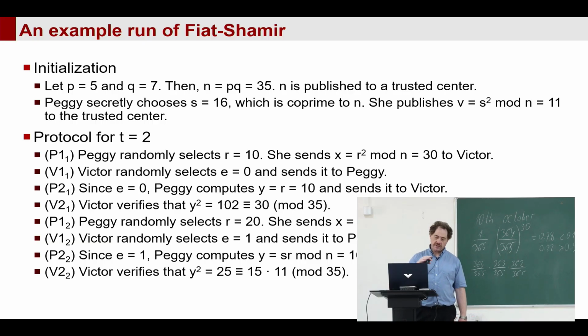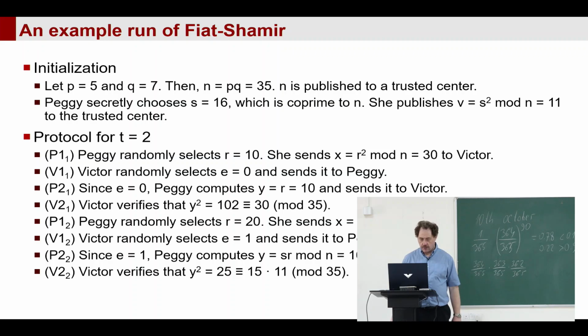Okay, let's take a look at how the protocol could run, say for 2 iterations. First iteration, Peggy randomly selects a value r, say 10 in this example. She calculates 10 squared modulo 35, which is equal to 30, and sends it to Victor. And you can check that 10 squared modulo 35 is indeed equal to 30.